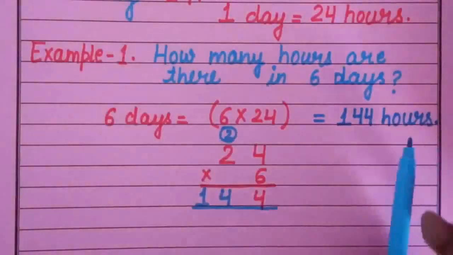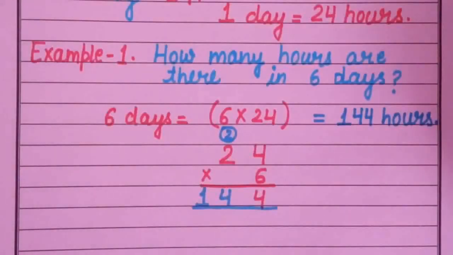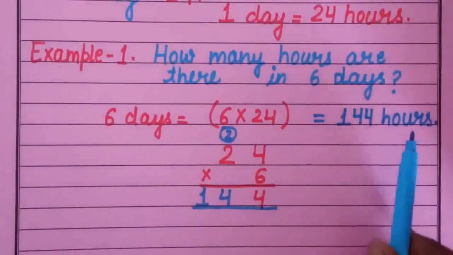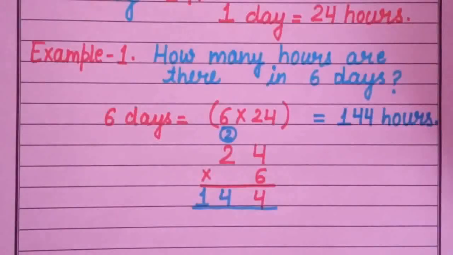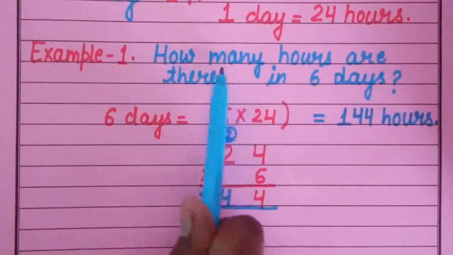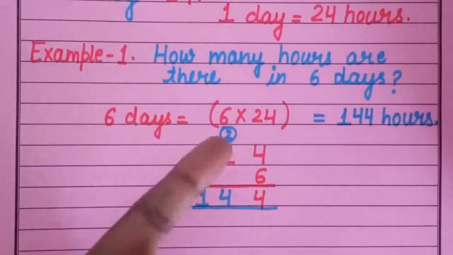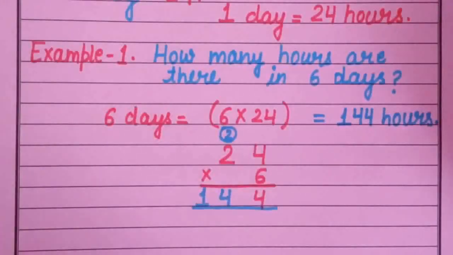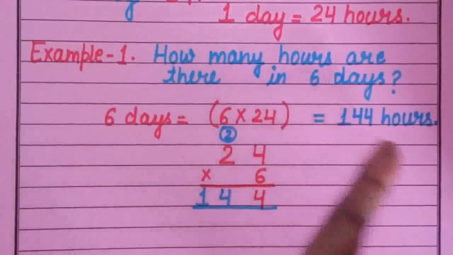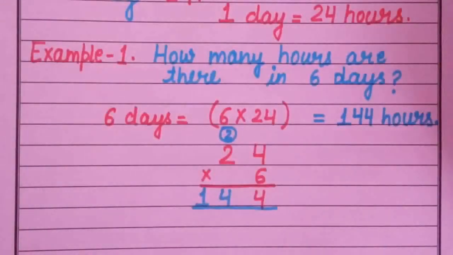Because we are converting days into hours. The unit must be the same as whatever is asked in the question, and in this question the unit is hours. This is asked: how many hours are there in 6 days? You have to multiply the number of days by 24. और जब आप 24 से इसको मल्टीप्लाई करते हो तो आपके पास आंसर होता है 144. इसके लिए आपका आंसर होगा टोटल 144 hours.